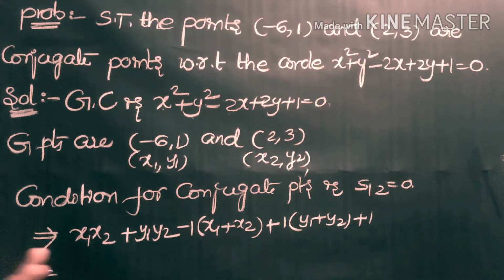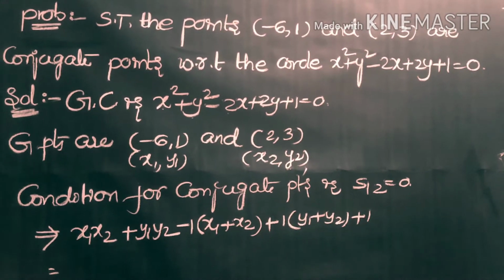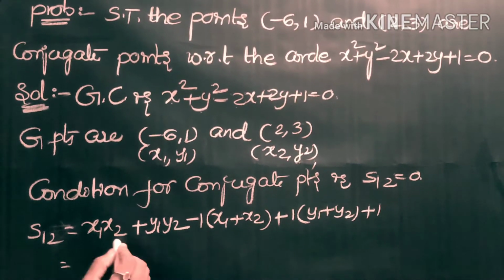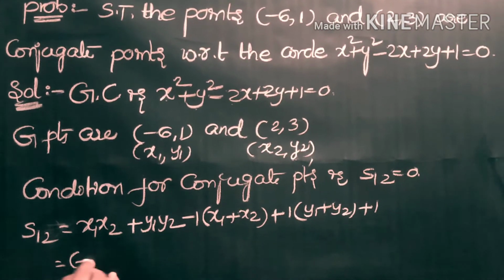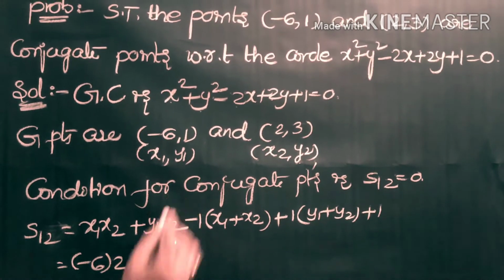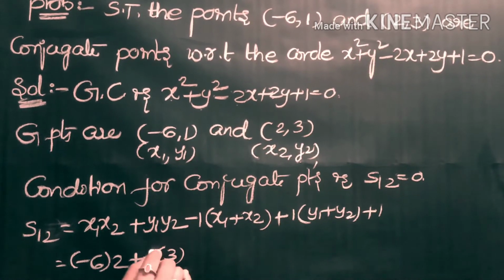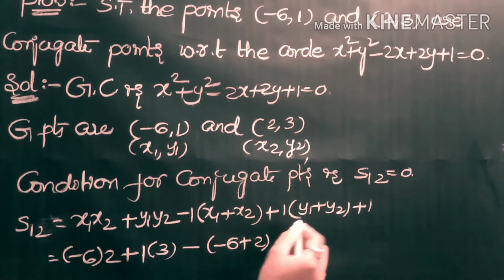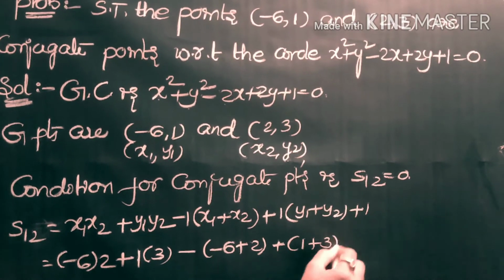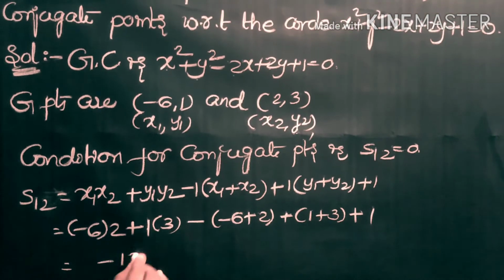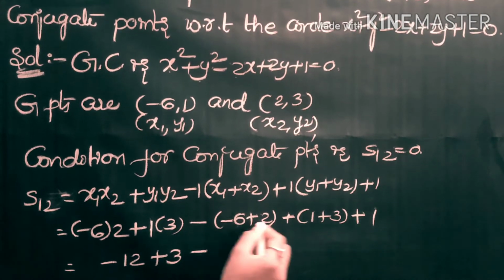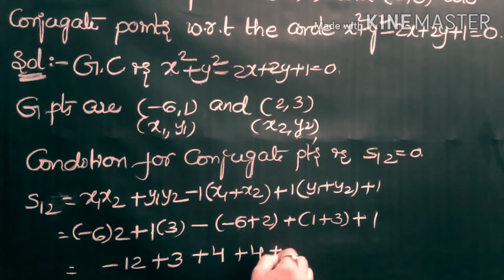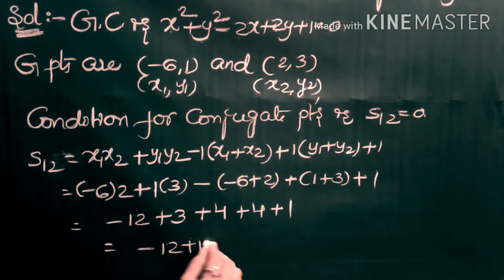Now we substitute the x1, x2 and y1, y2 values and find the value of S12. S12 = (−6)(2) + (1)(3) − (−6 + 2) + (1 + 3) + 1 = −12 + 3 − (−4) + 4 + 1 = −12 + 12 = 0.